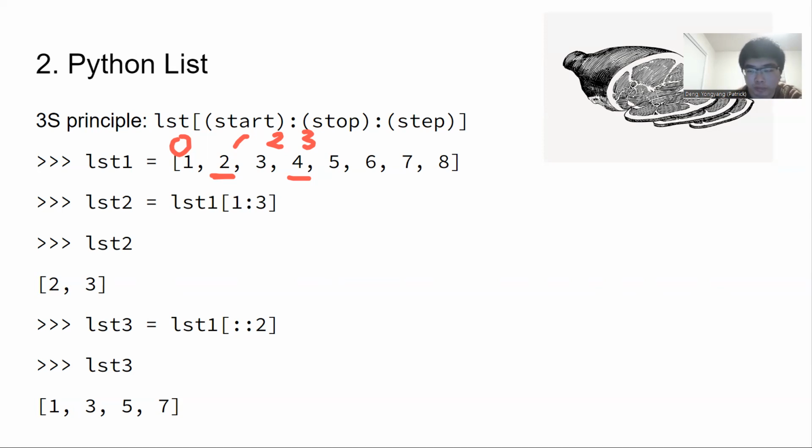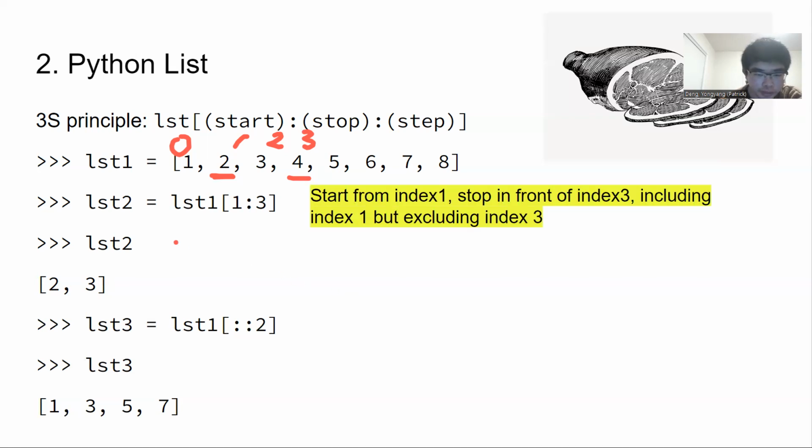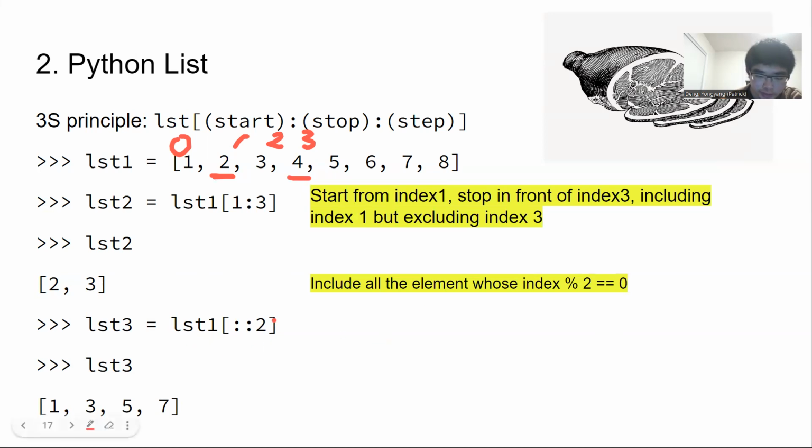I don't want to use start and stop, I want to use only step. So for this one, start from index 1, stop in front of 3, including 1 but excluding 3. We don't want index 3. So for another one, we include all the elements whose index mod 2 equals 0. But when you start from 1, we can do a demonstration.